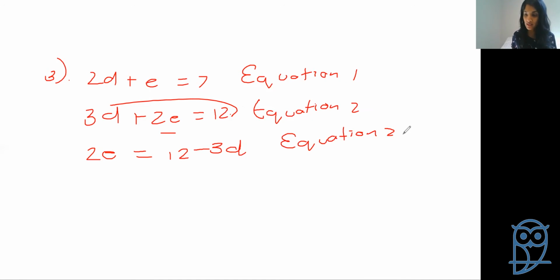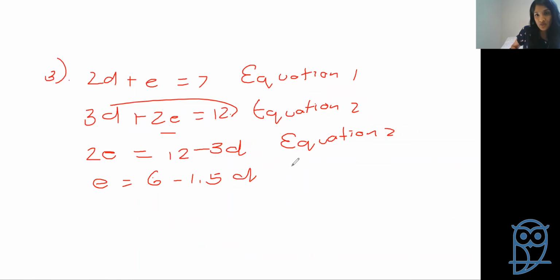And then what do we do next? Before we go on, we're going to say another part to our equation 2. We're going to say E is equal to 12 minus 3D, yes. So we're going to say E is equal to 6 minus 1.5D.